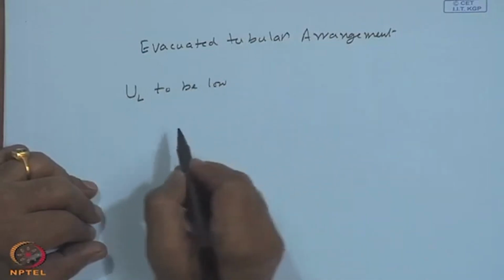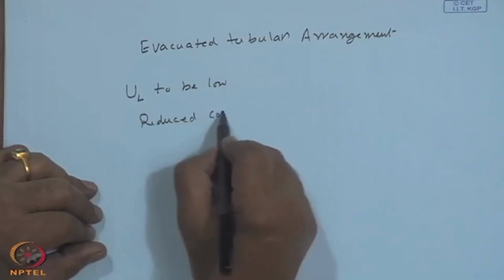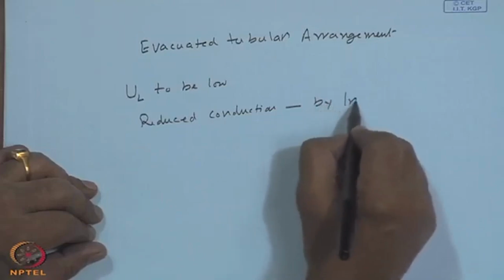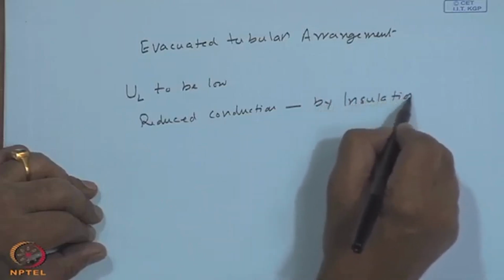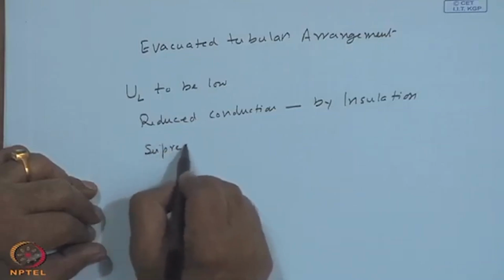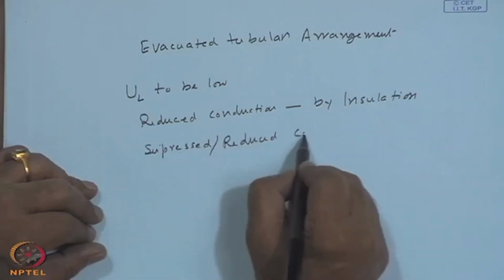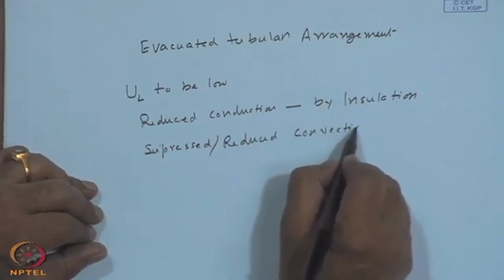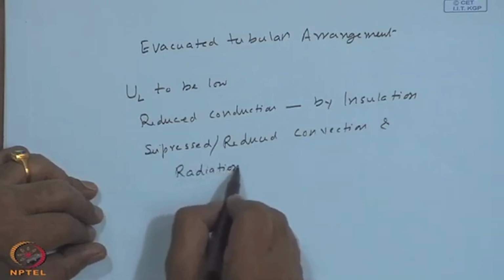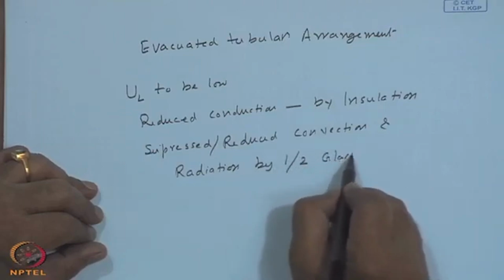We achieved this by reduced conduction from the bottom, by insulation, then suppressed or reduced convection and radiation by 1 or 2 glass covers.